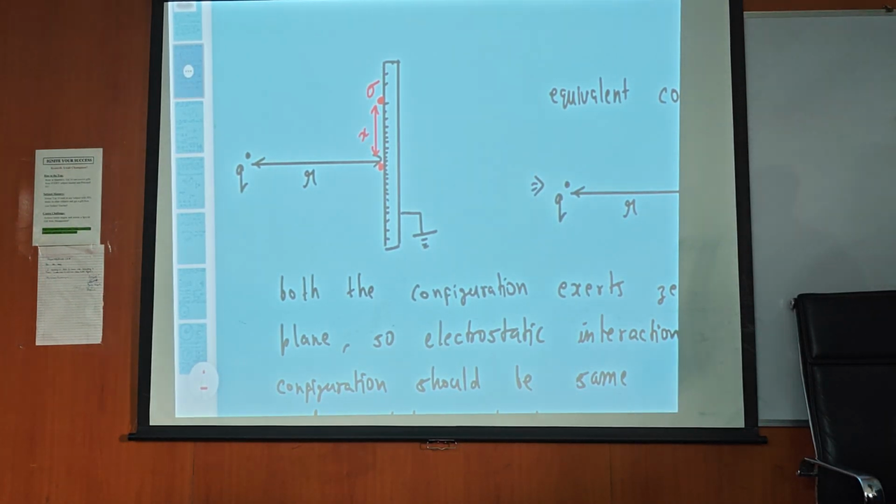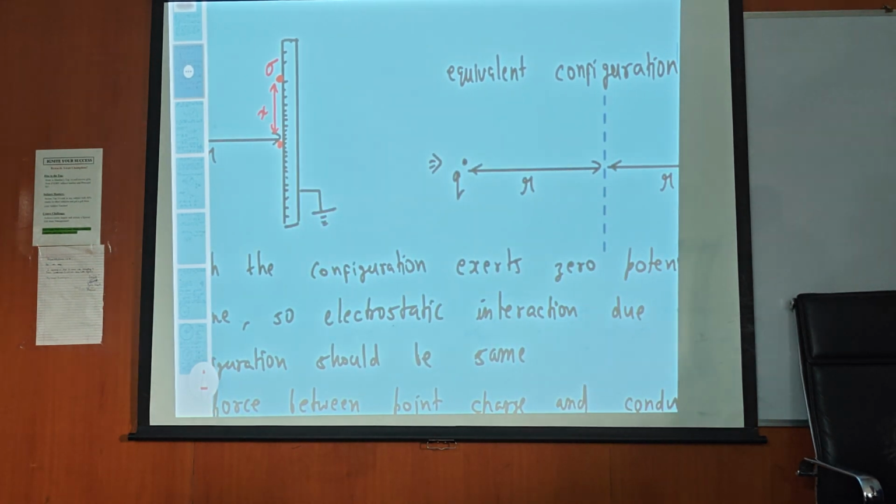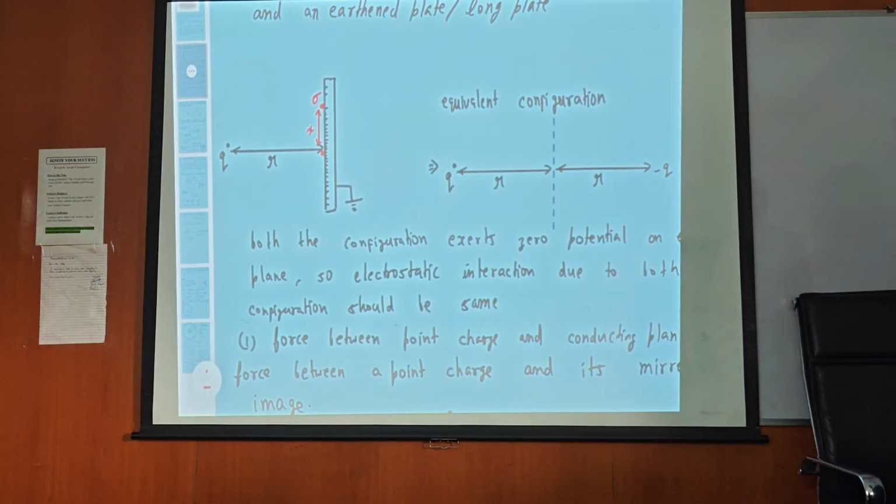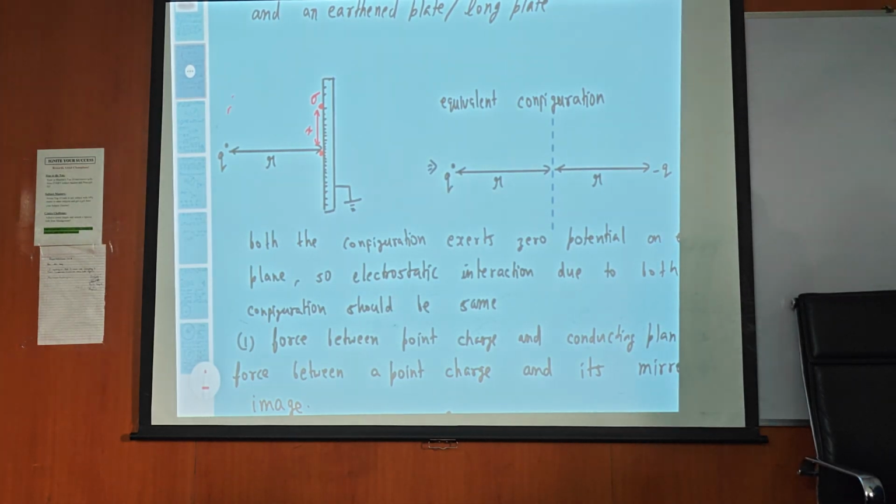So now what to do? Suppose we have these two point charges Q and minus Q. The electric field produced by these two point charges at any point should be the same as the electric field produced by the given configuration. So let's see what electric field this two point charge system produces at any distance x.